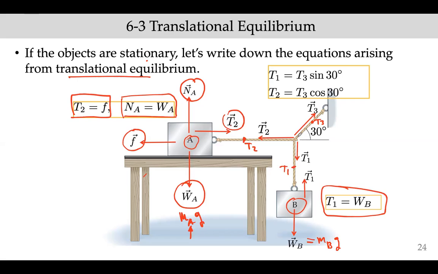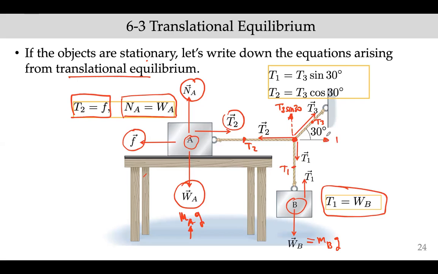Now finally, let's think about this point. We can write an equation about it. As we did in the previous slide, the problem here is this diagonal. Whenever you see a diagonal force, you have to find the components. So this component will be T3. If this is 30 degrees, then I have to use sine here, sine 30.